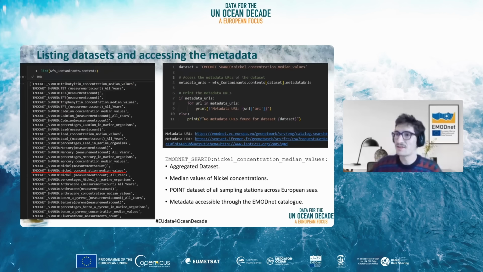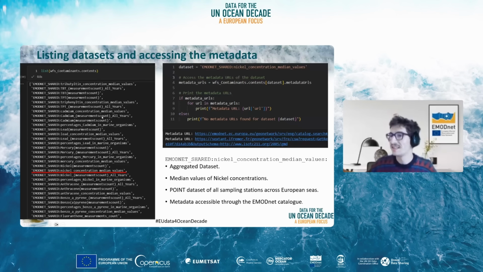And once that is done, we can list, using the .contents method on the web service we defined earlier, all of the available data sets through this web feature service. Then select one.